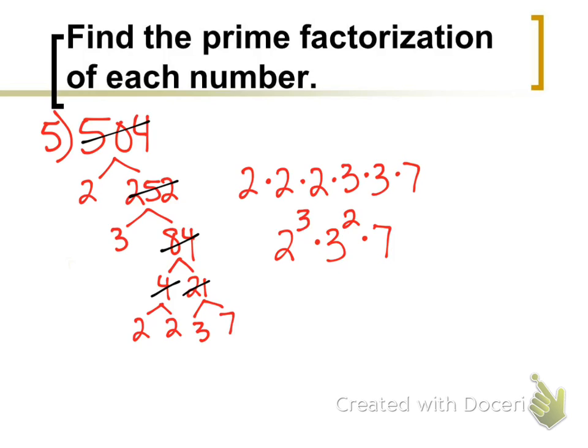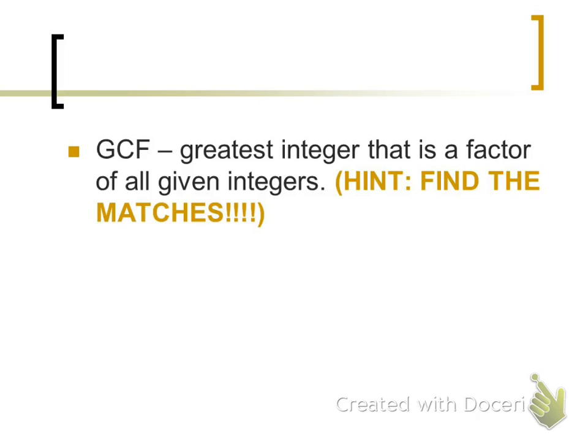Questions about prime factorization? Okay. It's a lot to cover today. Here's something that you also should already know about, the GCF. GCF stands for what? Greatest common factor. So if you want to write that out, you can. Oh, it is written on yours?